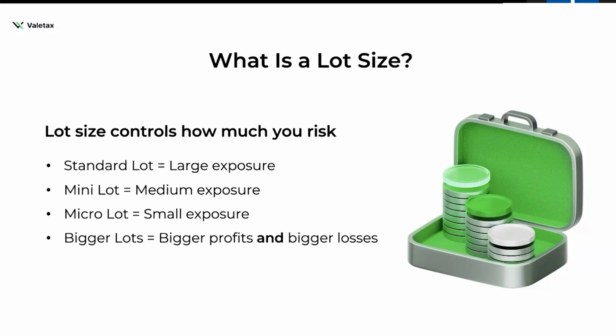Now, a mini lot is a medium exposure. This usually is the highest lot size exposure for retail traders below a certain liquidity threshold, because it allows you to manage your risk properly, and shorter moves might also give you good profits. Micro lots is the small variation of a lot size, usually 0.01, while the mini lot is 0.1 and the standard lot is 1.0.